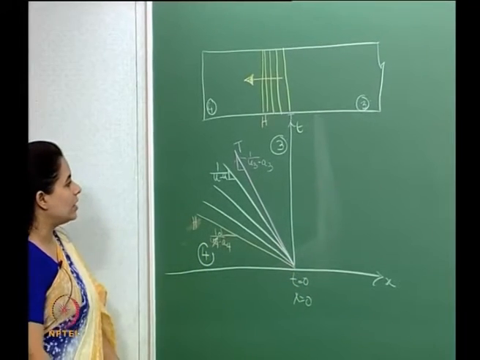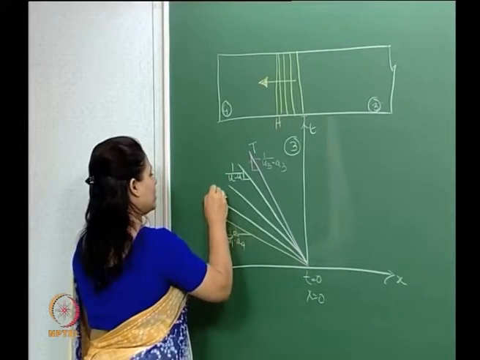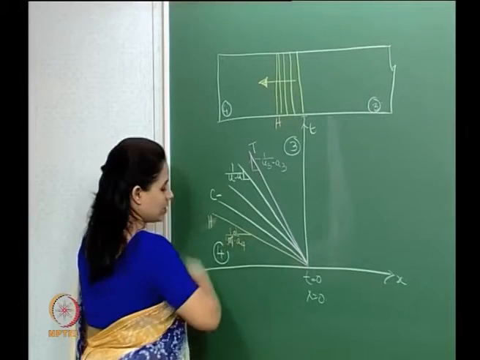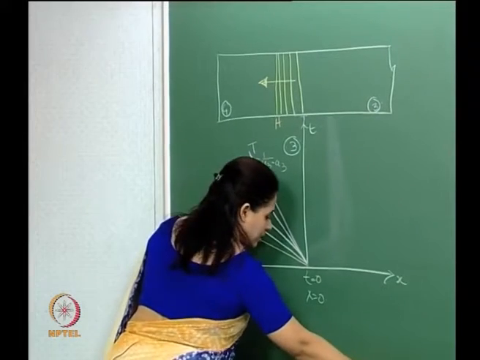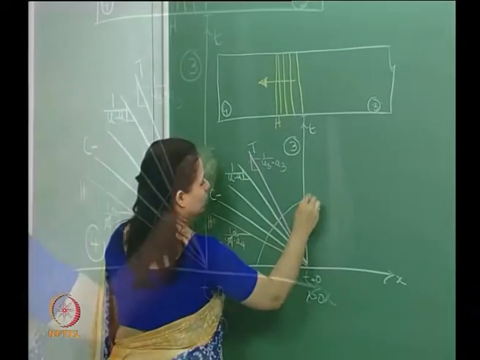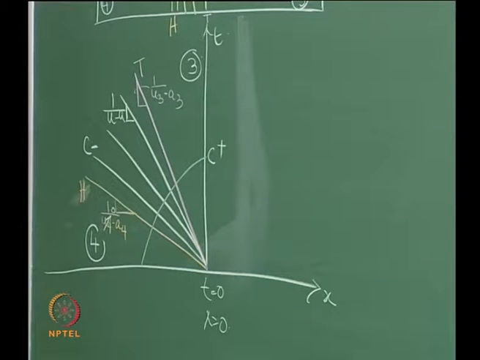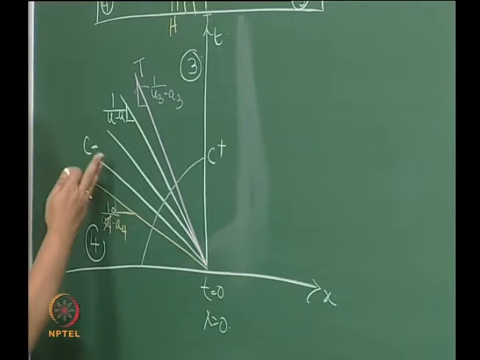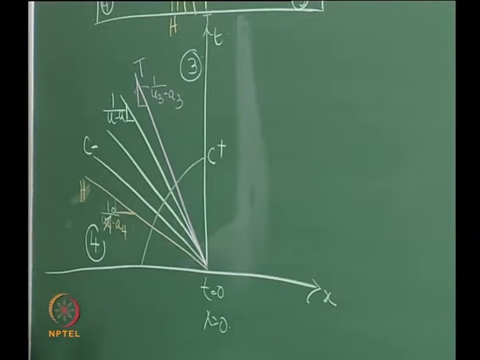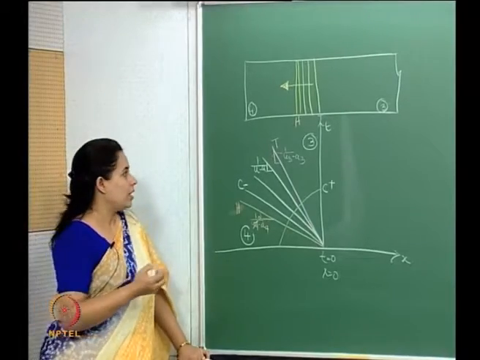Centered, and we also showed that these are the C minus characteristics, and these could be possible C plus characteristics. We also talked about whether these characteristic lines would be straight or curved.